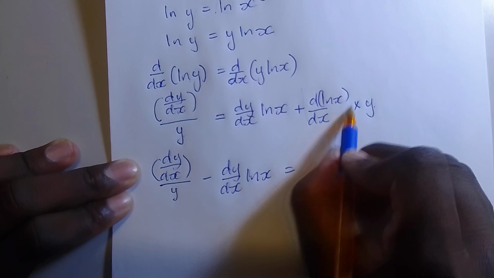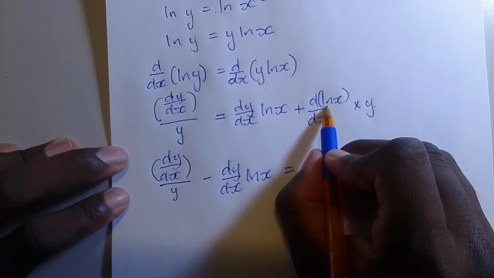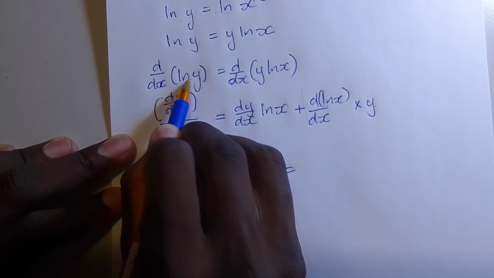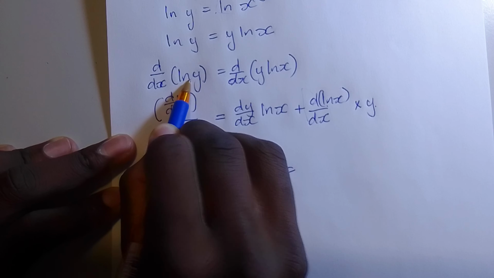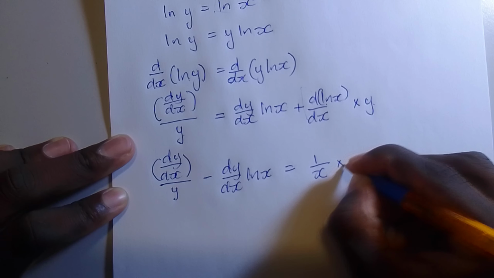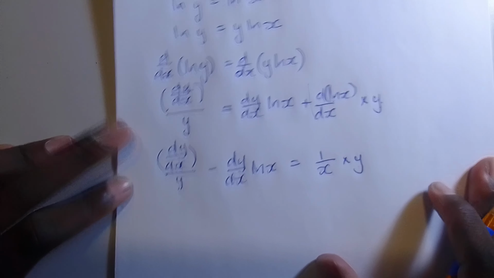So the derivative of ln x is 1 over x. You can understand why that is so by watching the video that I linked for the derivative of ln y. So that's 1 over x, and it's multiplied by this y.